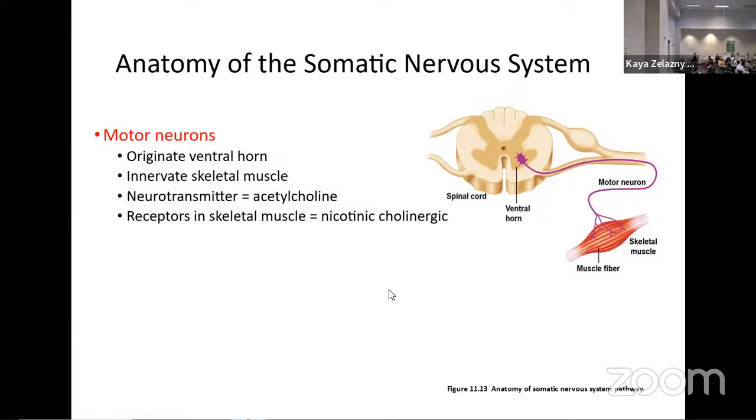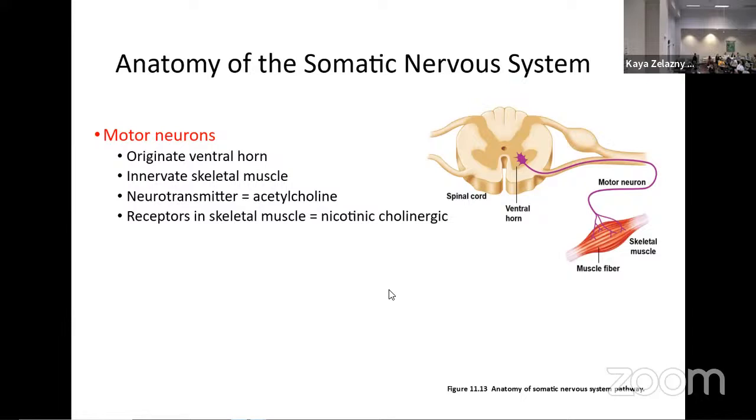And specifically, we're going to see that acetylcholine in skeletal muscle is going to have a specific receptor type associated with it. And it's going to be that same receptor type that we saw in the connection between our preganglionic and postganglionic neuron. We're going to see a nicotinic cholinergic receptor. These ones work fast.